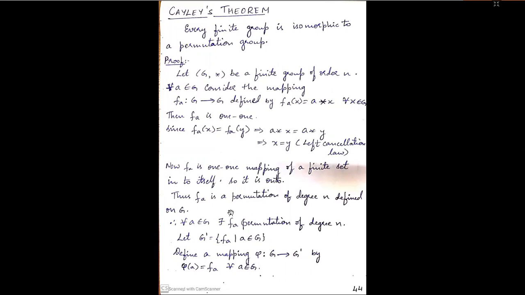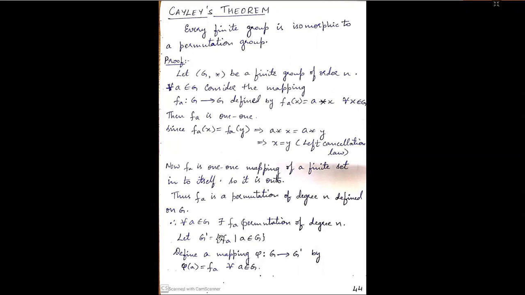Now I consider all these permutations f_a for all a belonging to G, and I form them into a group called G'. So G' is equal to all those f_a such that a belongs to G. Here the order of G is the same as the order of G'. Whenever you have a function f from G to G' that is an isomorphism, the order of G is the same as the order of G'.